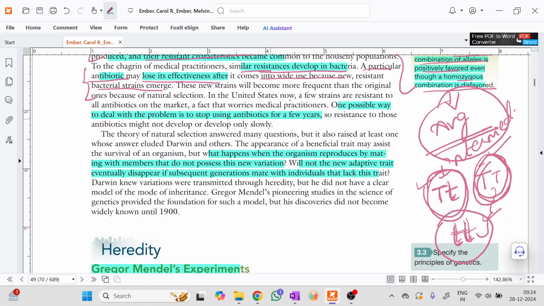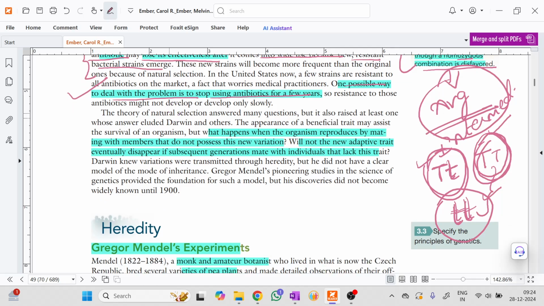Now, a particular antibiotic may lose its effectiveness after it comes into wide use because new and resistant bacterial strains emerge. And one possible way to deal with the problem is to stop using antibiotics for a few years. Yes, this can happen.